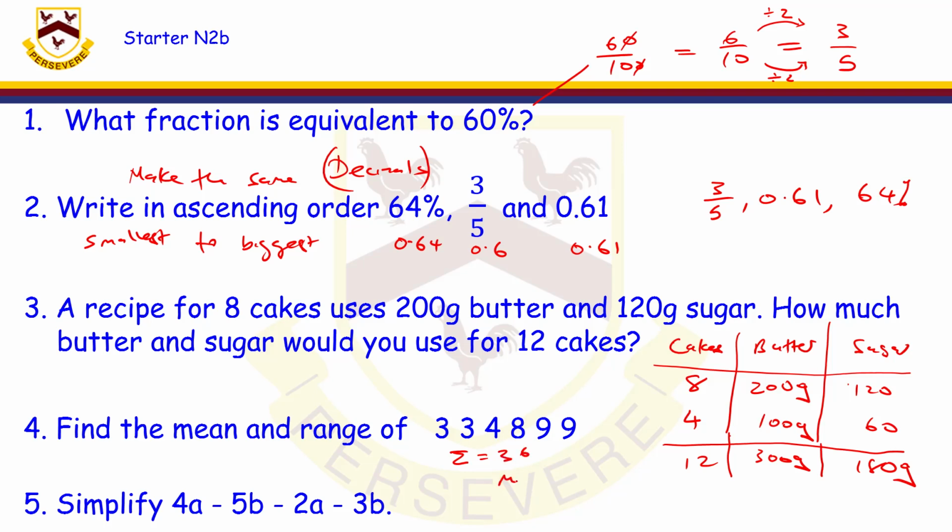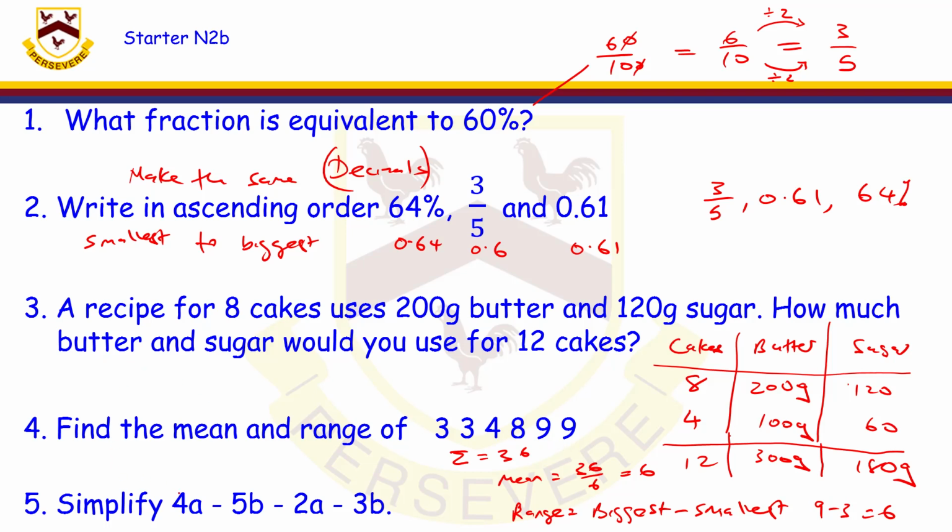And so the mean is going to be equal to 36 divided by 6, which is 6. And the range, biggest take away smallest, and that is 9 take away 3, which is 6. It's quite handy, they're already in order.